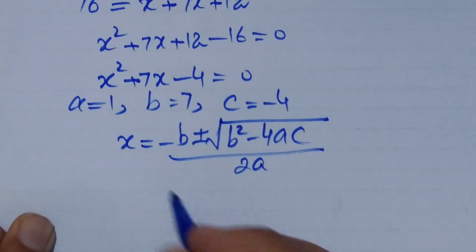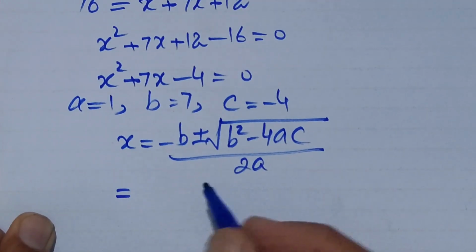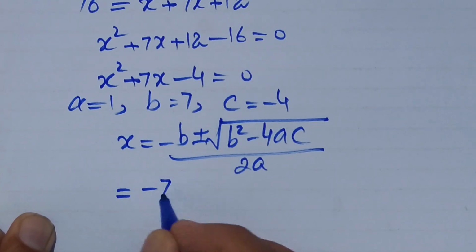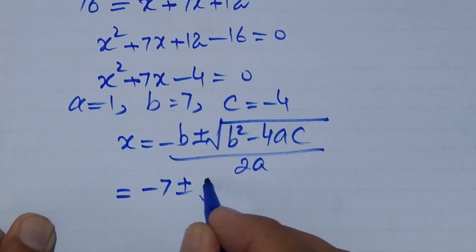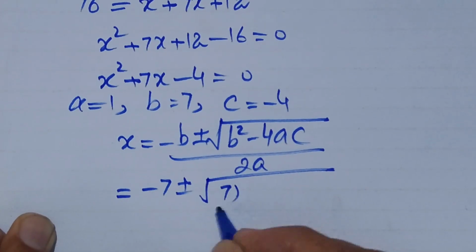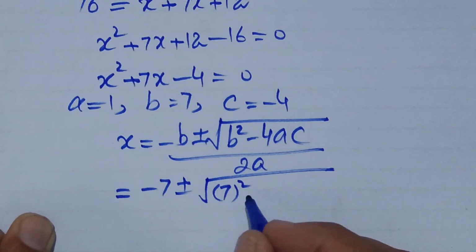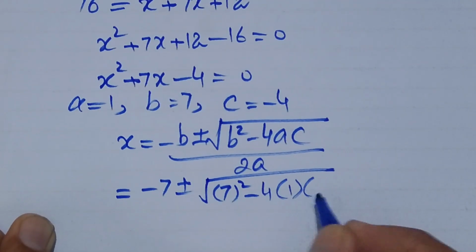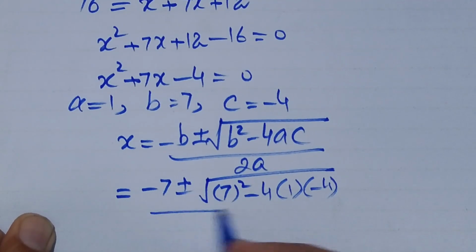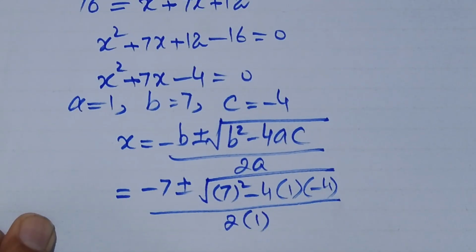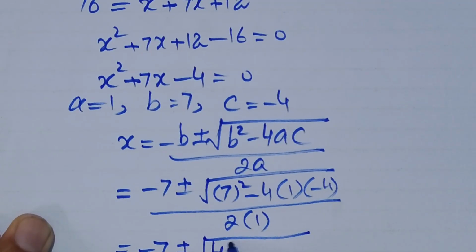Now putting the values of a, b and c, minus 7 plus minus under root 7 square minus 4 into 1 into minus 4 over 2 into 1. This becomes minus 7 plus minus under root 49 plus 16, minus 4 for the 16.